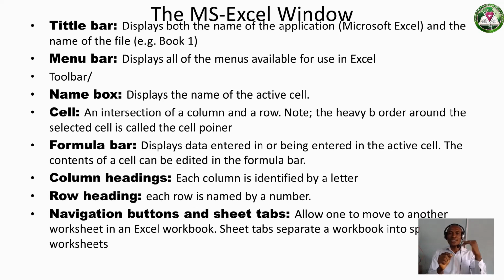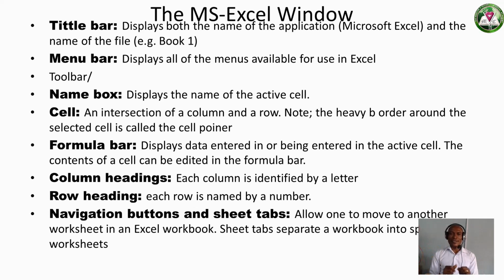A1. So that name will be displayed on the name box. If you move the pointer to another cell, the name on the name box will change to the name of the active cell. So the name box displays the name of the active cell or the current cell.